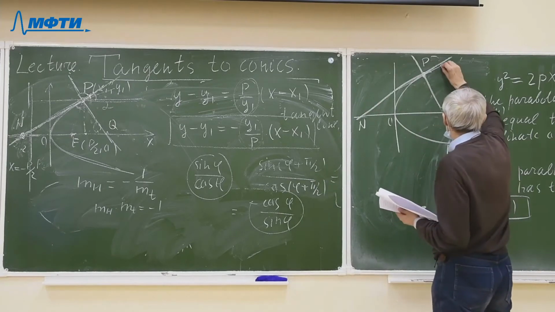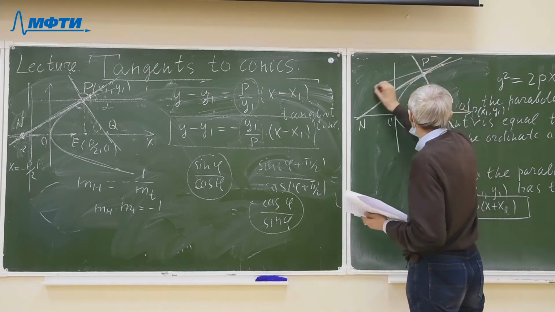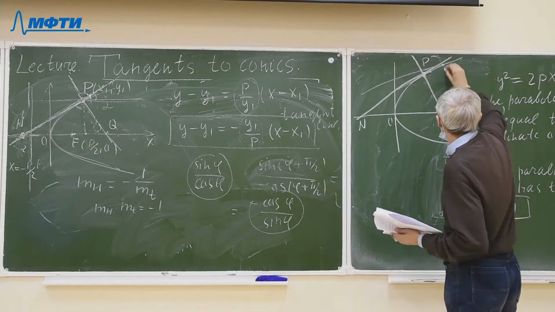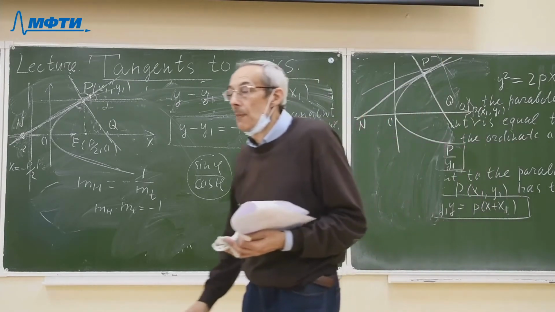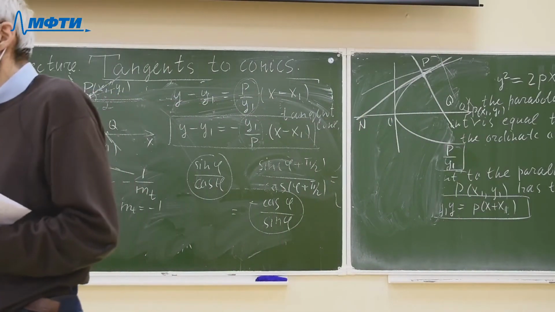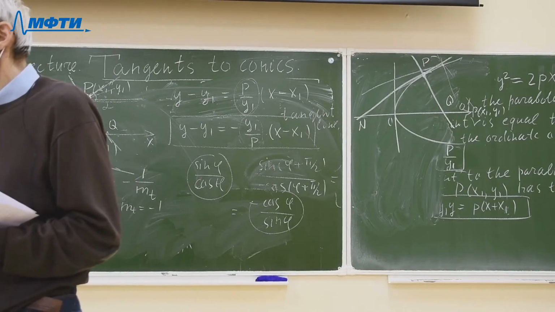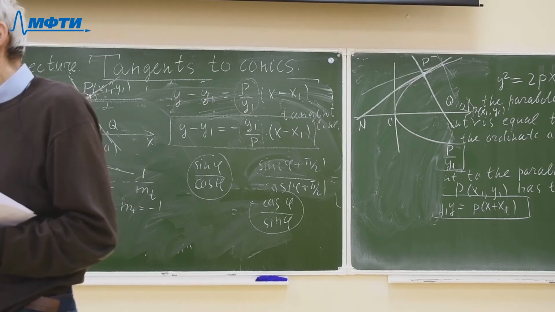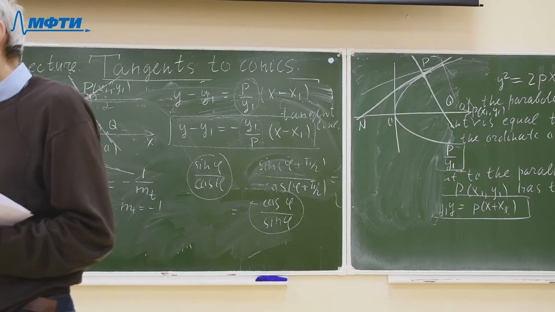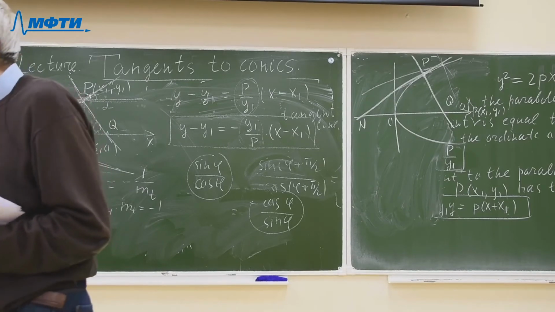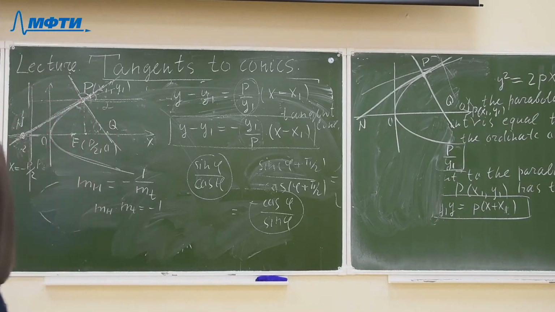If we choose the point P at the origin of our parabola, then the point N will also be at the origin. Now we consider only a parabola.